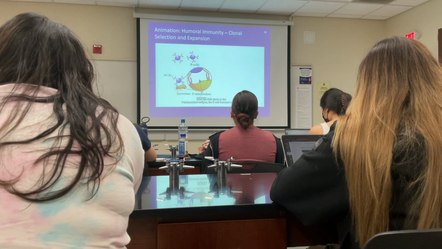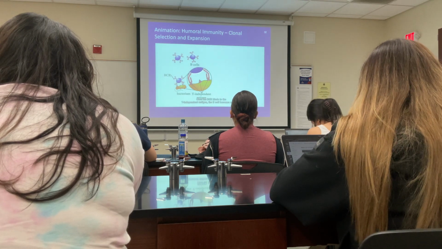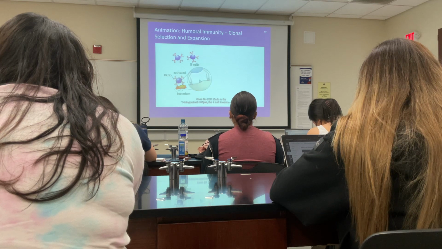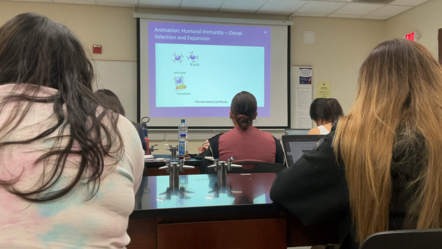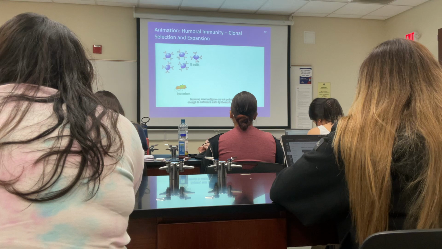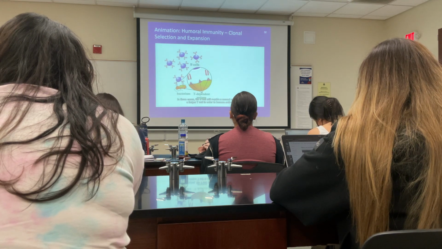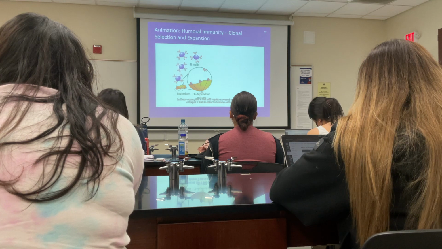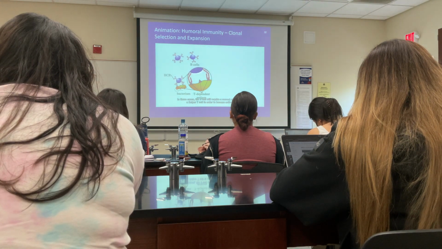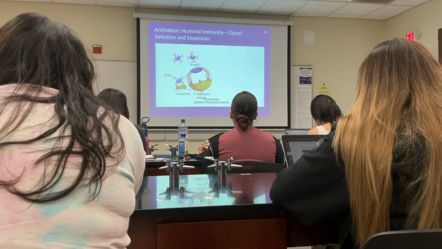Once the BCR binds to the T-independent antigen, the B-cell becomes activated. It's now ready to proliferate. However, most antigens are not potent enough to activate B-cells by themselves. In these cases, the B-cell will require a second opinion from a helper T-cell in order to become activated. We call these antigens T-dependent antigens.